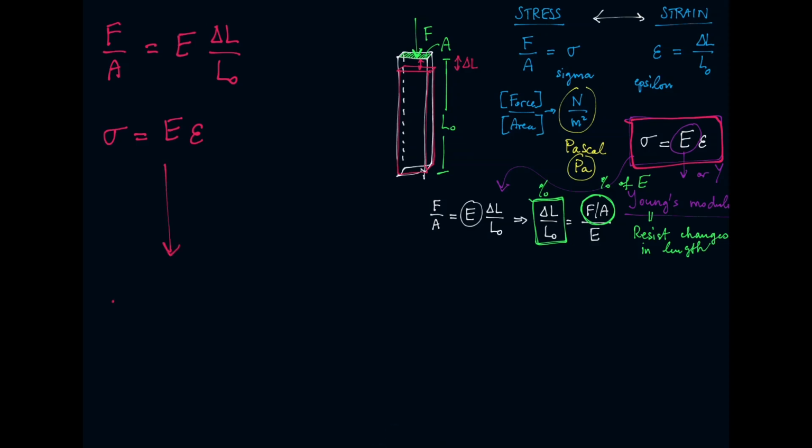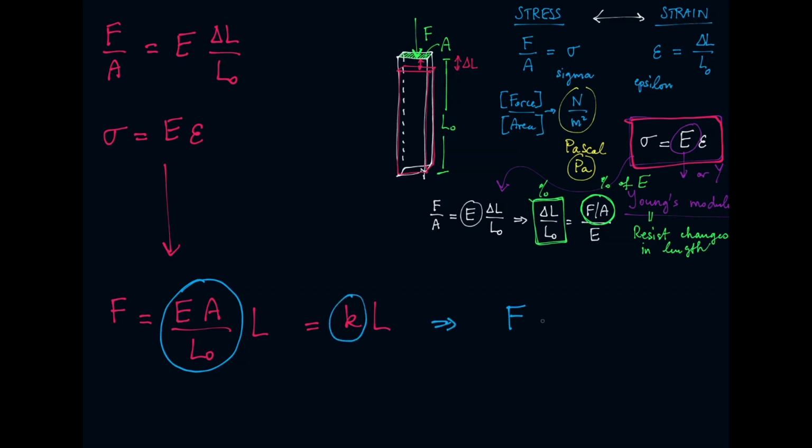I'm going to rewrite this as F equals Young's modulus times the area, the surface area over which I'm applying the force, over the original length or height of the object, times L. If I take this combination, Young's modulus times area over length, and call it K, I'm back in the situation where I have precisely, oh, this is not L, but delta L, pardon.